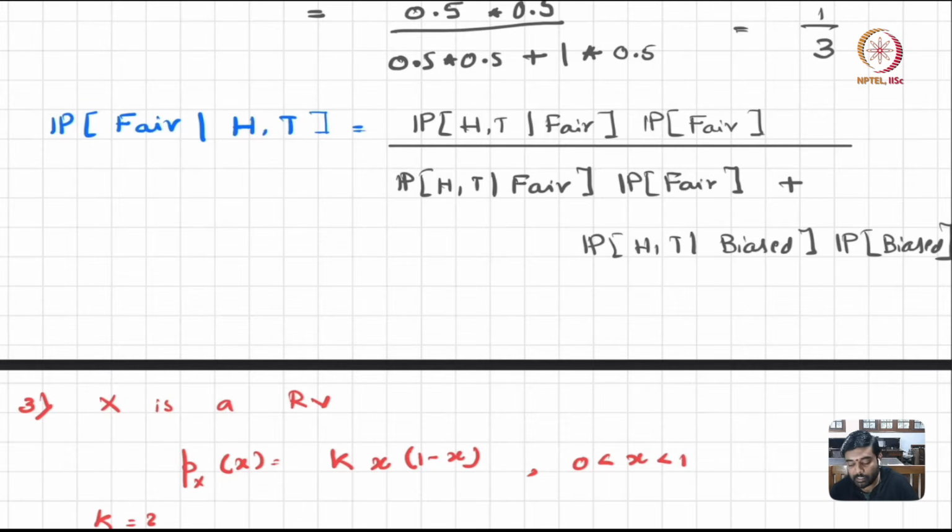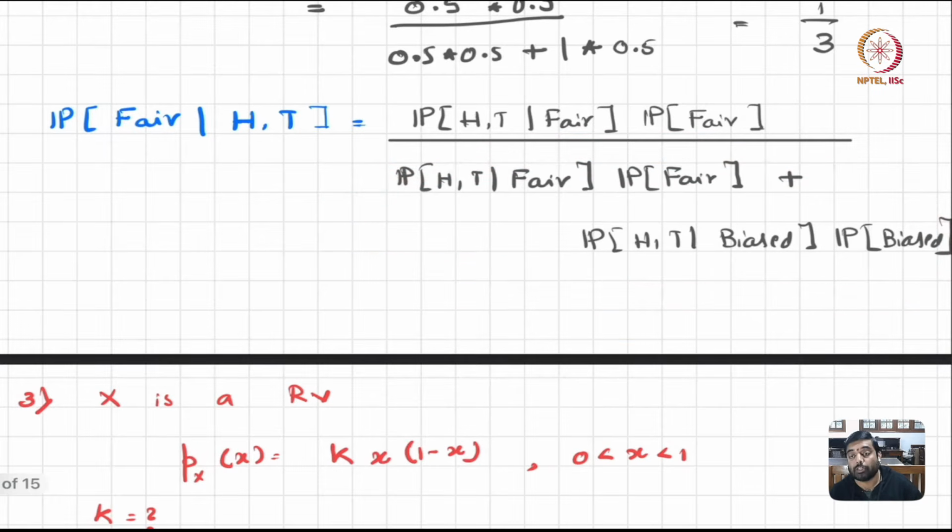See, now this is the denominator, the sum of these two terms.